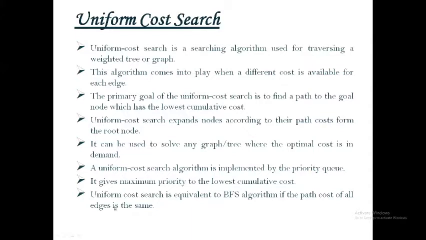Suppose nodes A, B and C are there. Node A has 20, B has 10 and C has 50. B has the lowest cumulative cost, which is 10, so we give the first preference to node B because it has less cost.